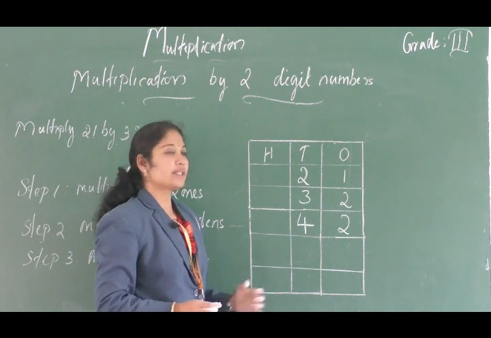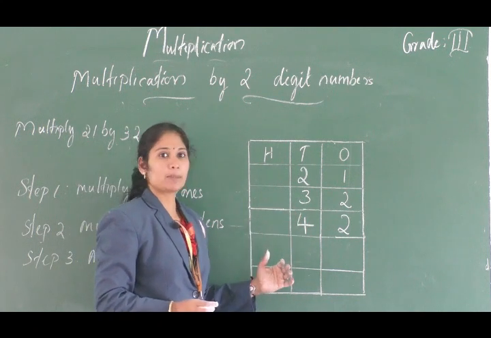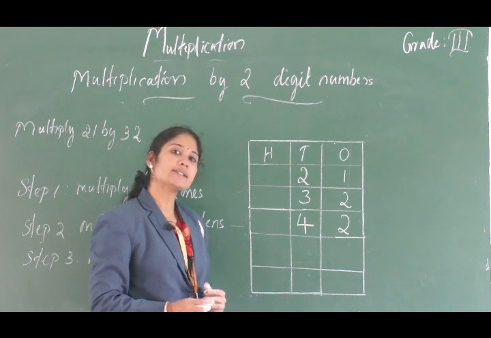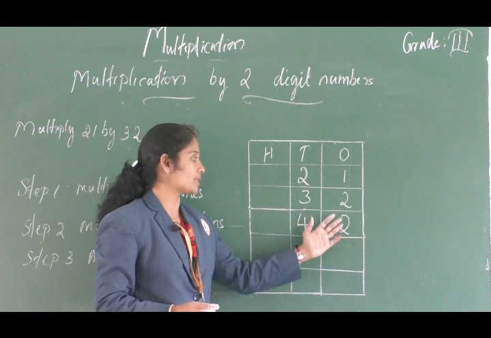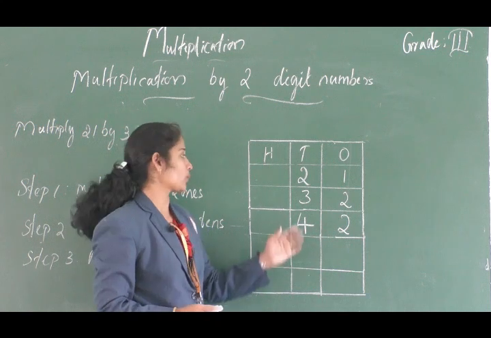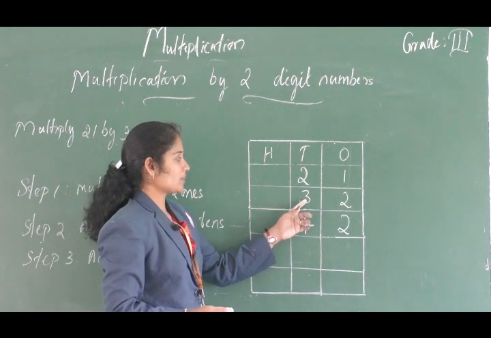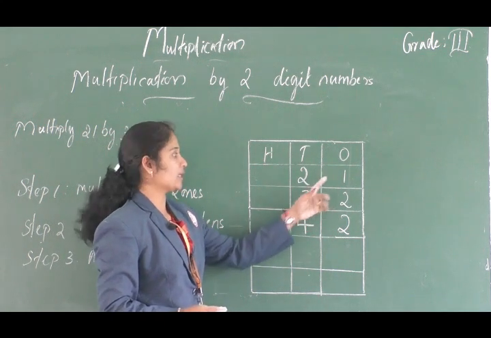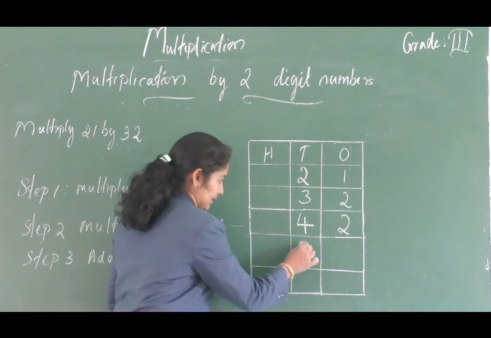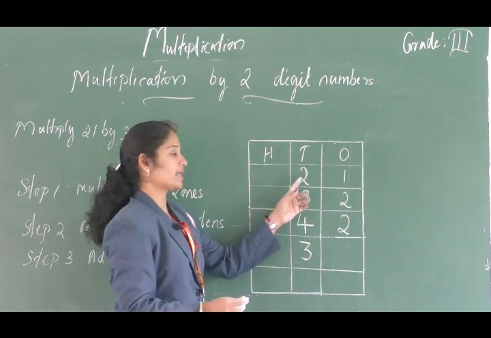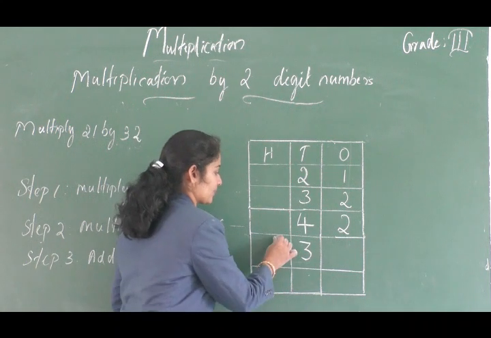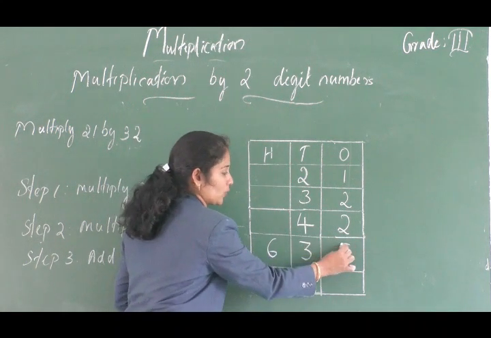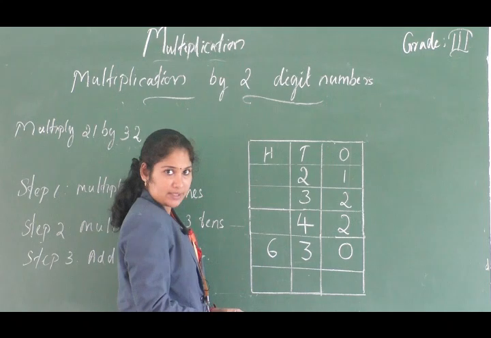Remember, when we multiply by 3 tens, we have to start from the tens place. And in the ones place, we put 0. So, first, which number in the tens place? We have 3. 3 into 1, 3. And 3 into 2, 6. We have to keep 0 at the ones place.